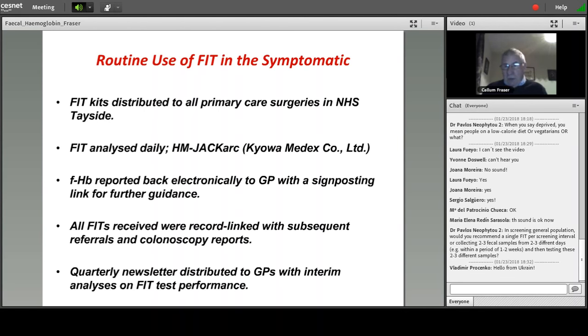We reported the fecal haemoglobin concentration, the actual numbers, back to the general practitioner with signposting links for further guidance that was created mainly by gastroenterology colleagues, and we record linked them with subsequent referrals and colonoscopy reports so we could provide a quarterly newsletter to general practice showing how this test, FIT in assessment of the symptomatic, matured over time as it was rolled out in primary care. And certainly in Scotland, it's being rolled out across the country as we speak.